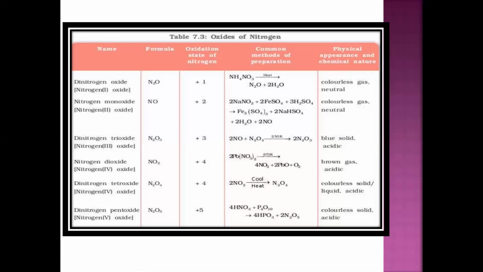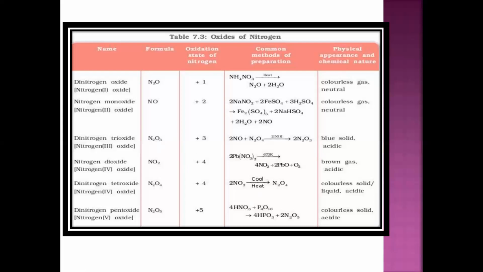Don't leave any exception or odd one out. These two are the odd ones out because in the others we have some symmetry, but these two are odd, and they can easily be asked in the board exam. They can also ask the oxidation state, that in NO2 what will be the oxidation state of nitrogen.